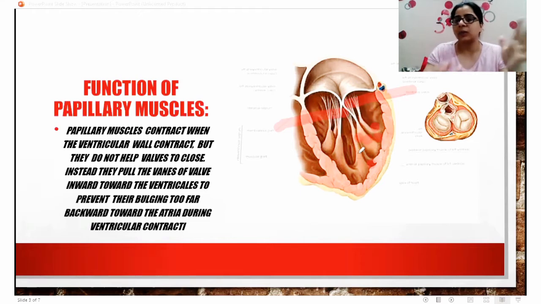Generally, it is said that during the ventricle systole, the walls close. Actually, it is not closing. The constriction of the ventricles is leading to the constriction of papillary muscles, which is pulling these walls downward, inward, toward the ventricles, so that it is preventing the over bulging of this area.